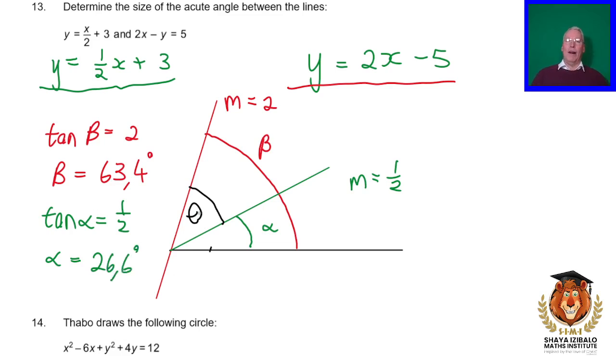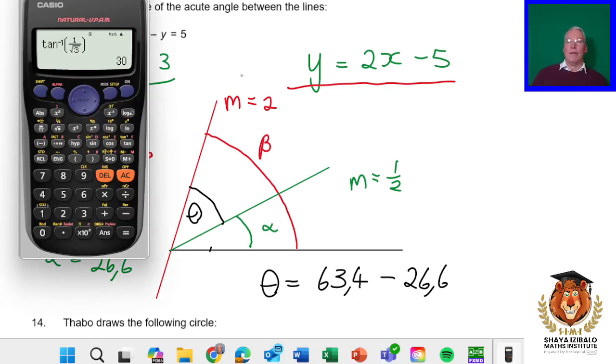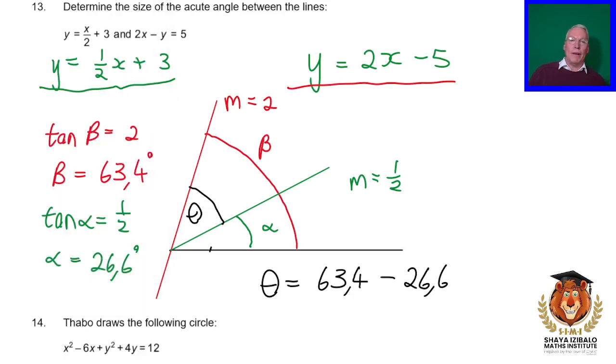Okay, and so now theta, the acute angle in between those lines, is just going to be the difference between 63.4 and 26.6. Right, and let's see what that is. 63.4 minus 26.6, and we get 36.8 degrees.